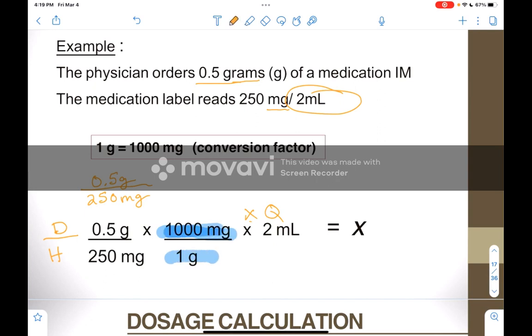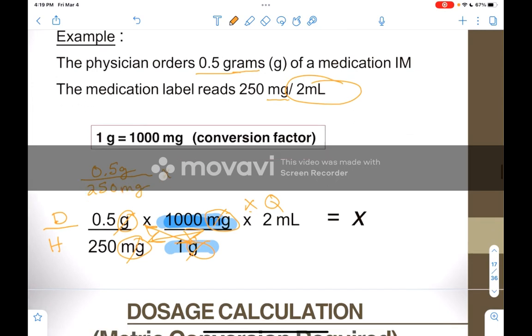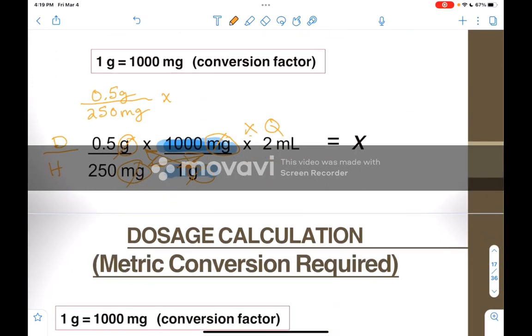Okay, so we're going to set them up, always set them up opposite from each other. That's how you can get them to cancel out, right? So this gram cancels out this gram, and this milligram cancels out this milligram. So we know that 1,000 milligrams is the same as 1 gram. So now we can do our math, start from left to right.